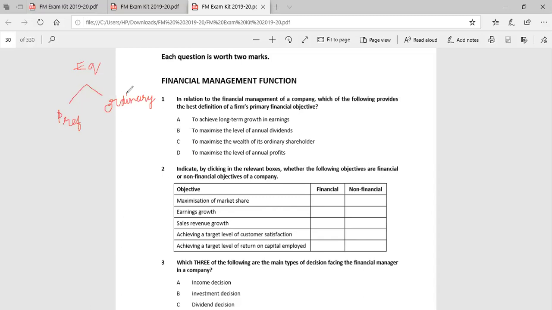From time to time, when decisions have to be taken, they participate in these meetings and use their voting rights to vote for a particular decision. So they are also called the real owners of the company.